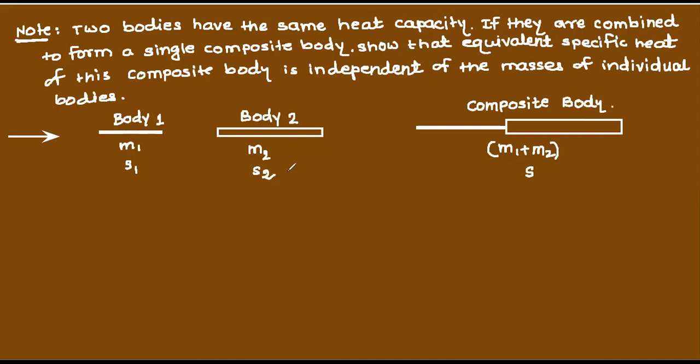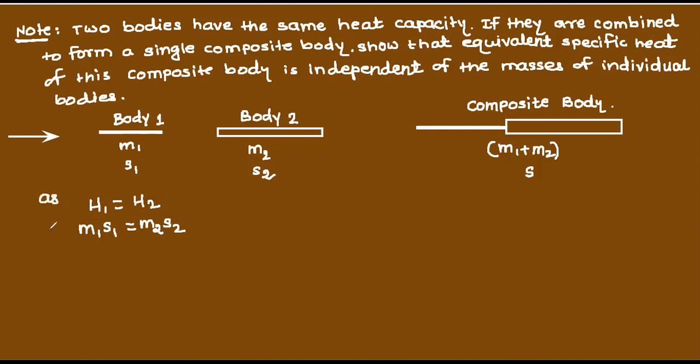Now see here, they have the same thermal capacity. Yes, they have same heat capacity or thermal capacity. So therefore, can I write like this? M1 S1 is equal to M2 S2. Why? Because H1 is equal to H2.